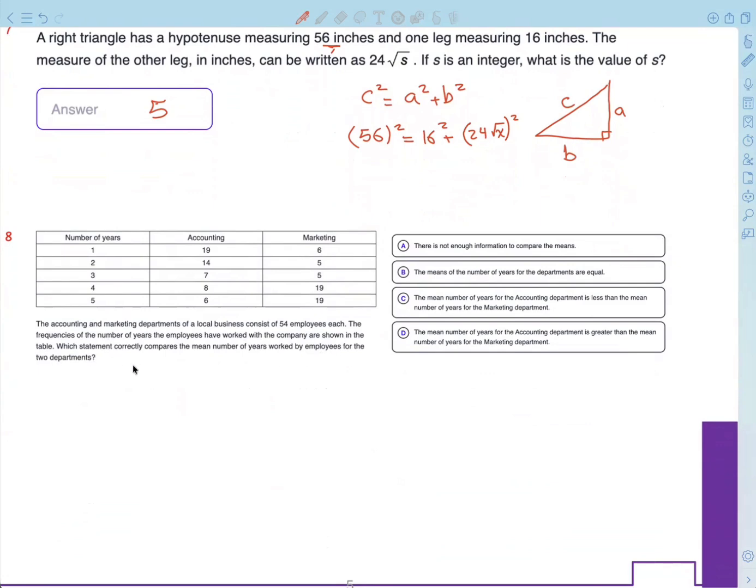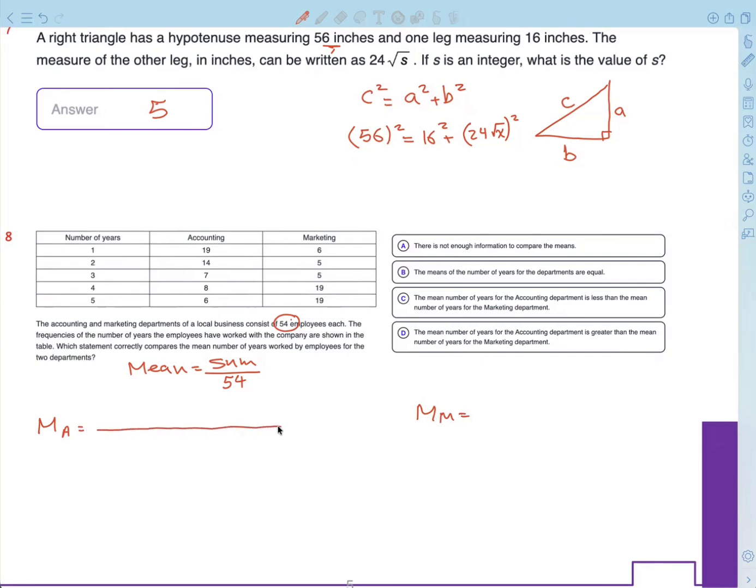To find the mean, you have to find their sum over their number, which is constant for both accounting and marketing, which is 54. So you will calculate the mean for accounting and the mean for marketing.